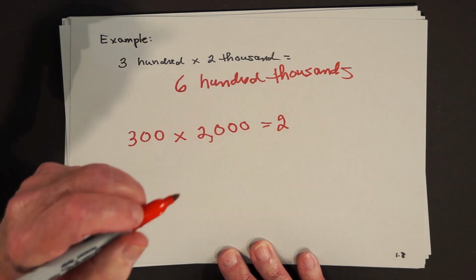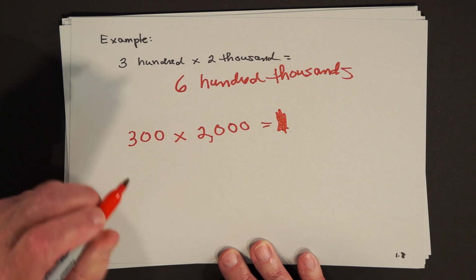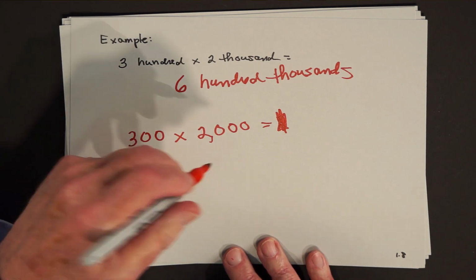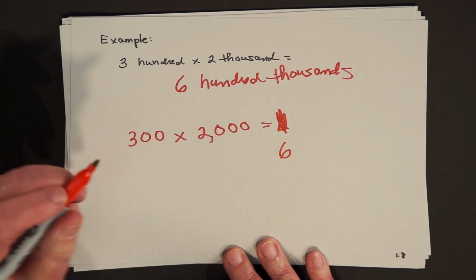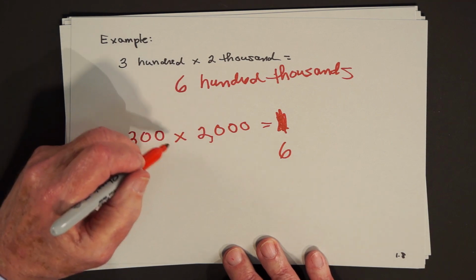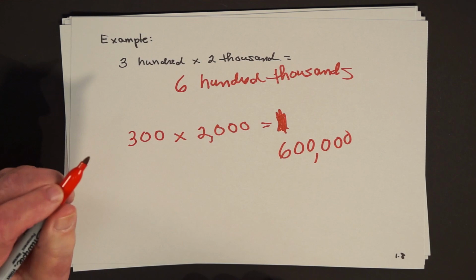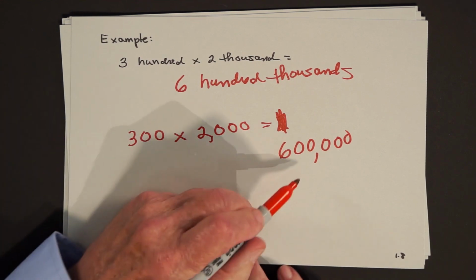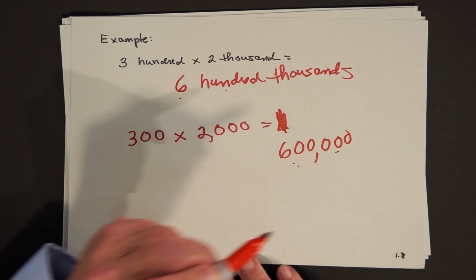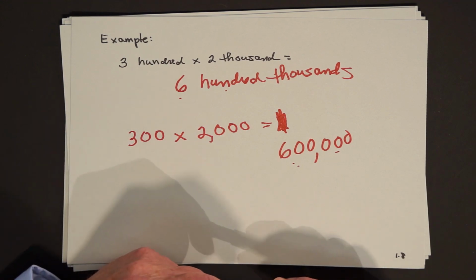Oh, I didn't mean to write that. That should be a 6. Count the number of zeros, 1, 2, 3, 4, 5. And what's the answer? 600,000.